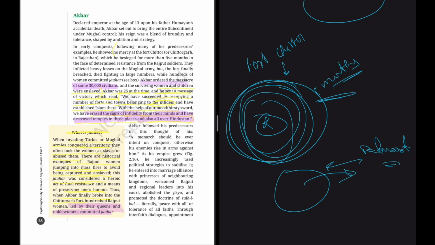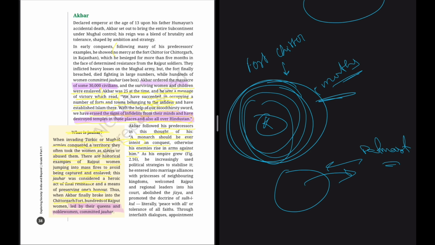At that time, India was called Hindustan by the Mughals. So Akbar followed his predecessors in this thought of his: a monarch should be ever intent on conquest, otherwise his enemies will rise in arms against him. Intent in the sense that he should be prepared for conquest, otherwise his enemies might raise arms against him.